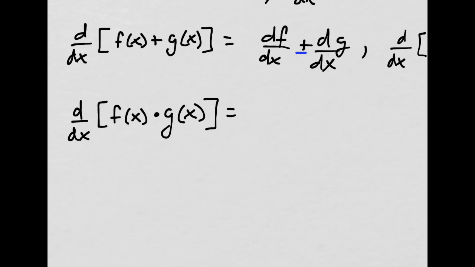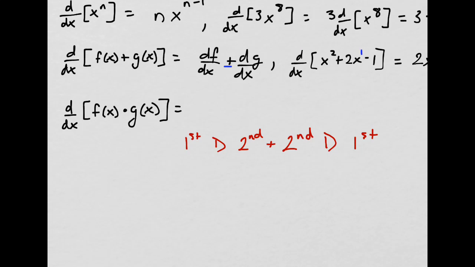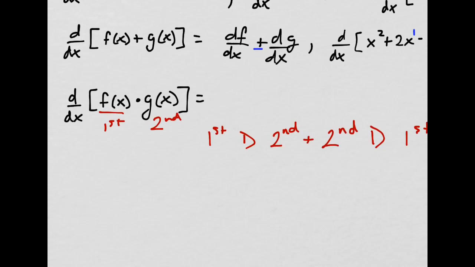Okay. Then we have the product rule. This is what I'm going to say: first d second plus second d first. That's how I remember the product rule, where this is the first, f, and this is the second, g, and the derivative would be f prime. So d first would be f prime, d second would be g prime. So what does that look like?